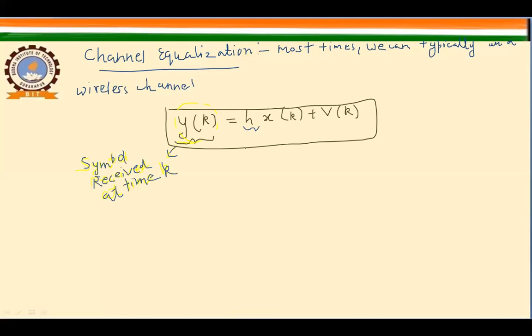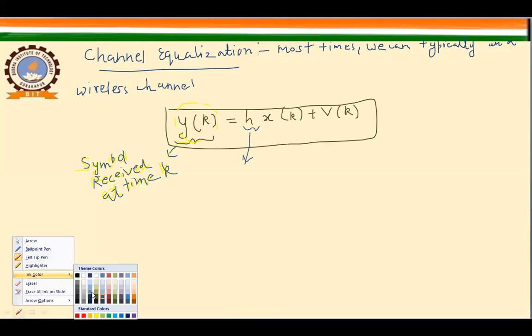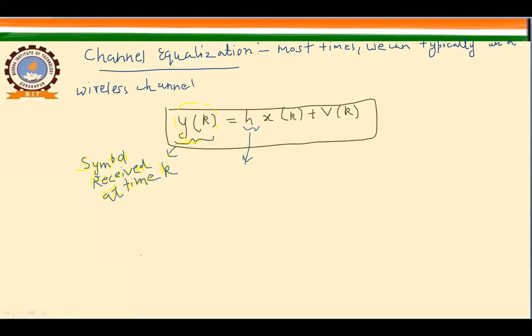This h is the fading channel coefficient.